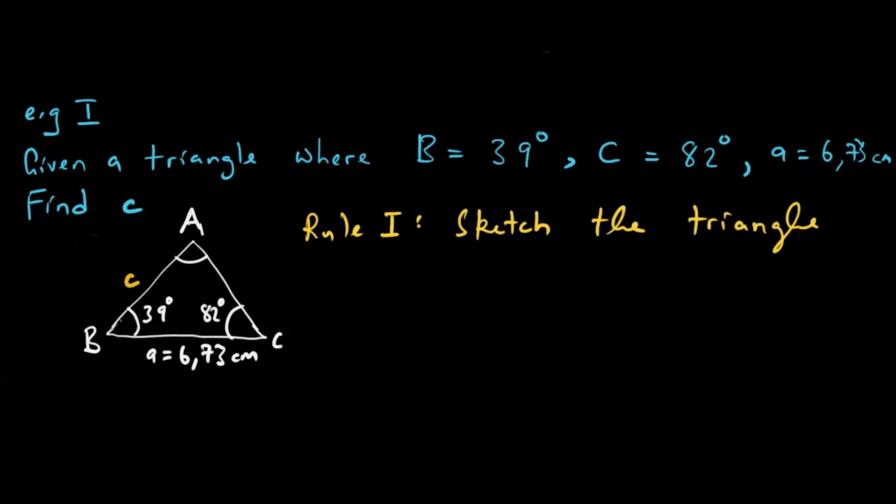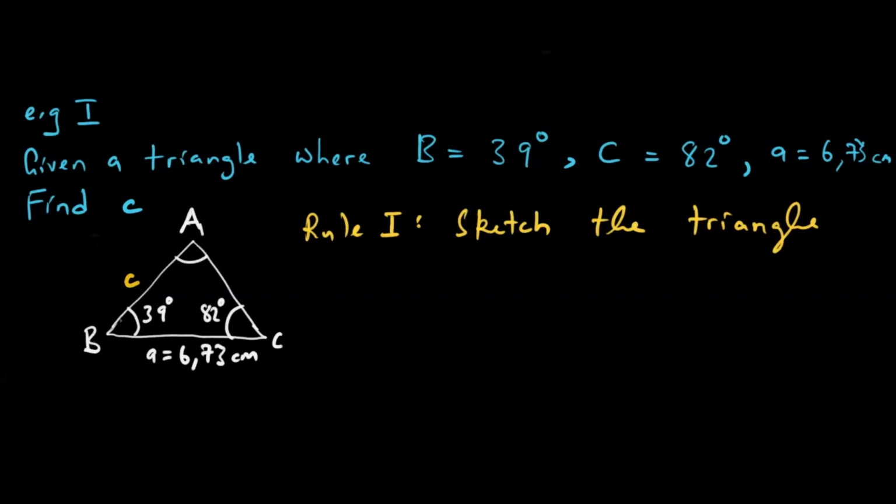What we have to do is, if we want to use the sine rule, this is actually going to help be the decider between using the sine rule or the cosine rule.